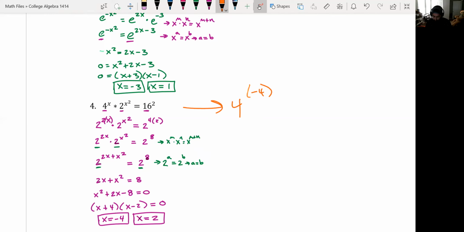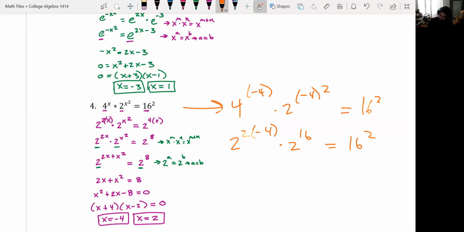4 to the negative 4 times 2 to the negative 4 squared equals 16 squared. I'll make this 2 to the 2 times negative 4 times 2 to the 16 equals 16 squared.